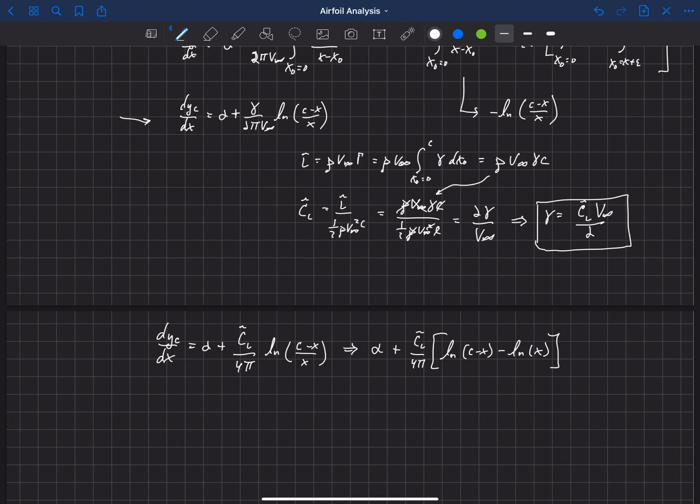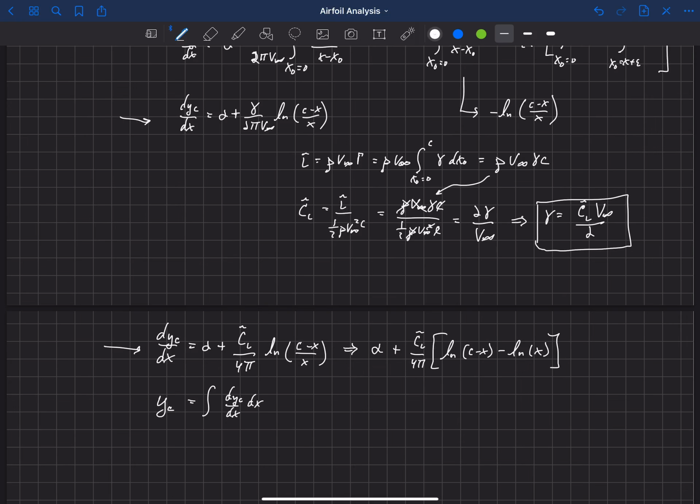So what we've solved for is the slope of the camber line. That's all thin airfoil theory cares about, the slope as a function of x, so the change in camber line with respect to x. But we need to find the actual camber line, which is the integral. So yc, the actual camber line, is the integral of dyc dx times dx. We need to integrate this equation here.